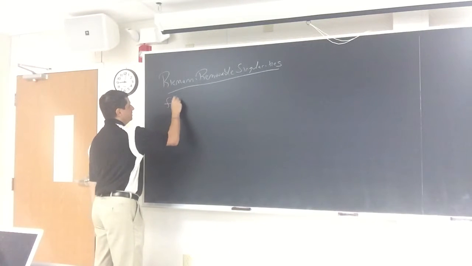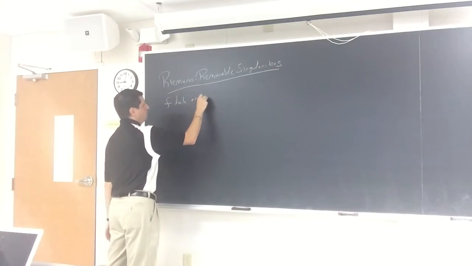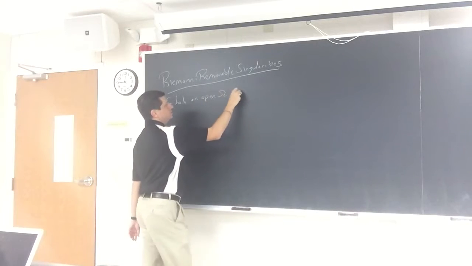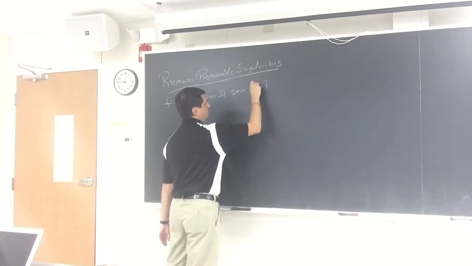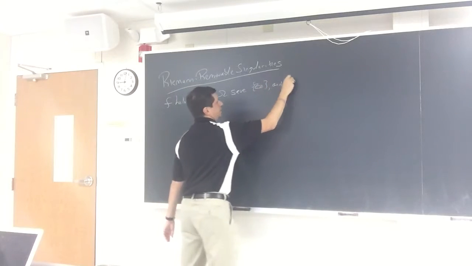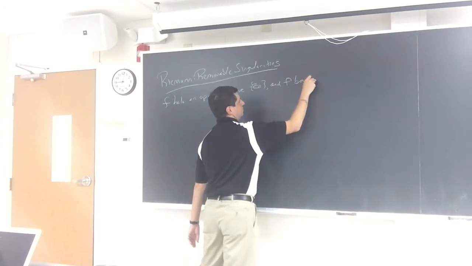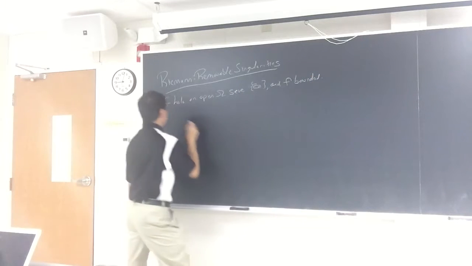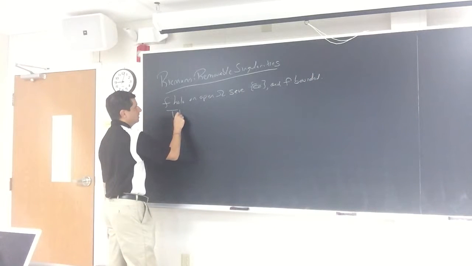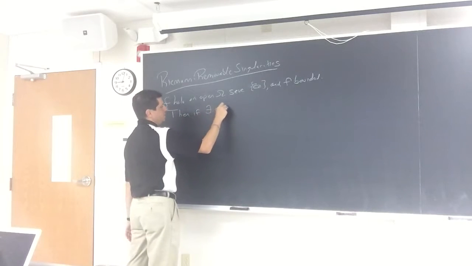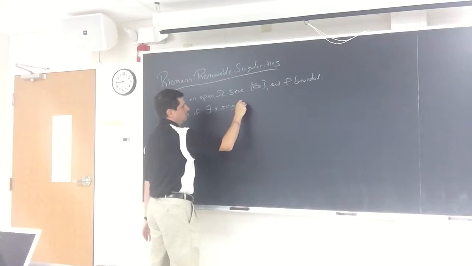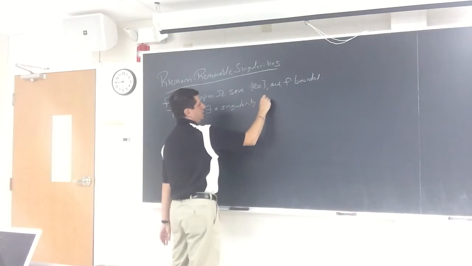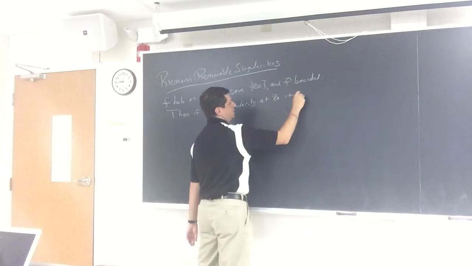Let's say f is holomorphic on an open set omega, save at some point z0, and f is bounded. Then if there exists a singularity at z0, it is removable.